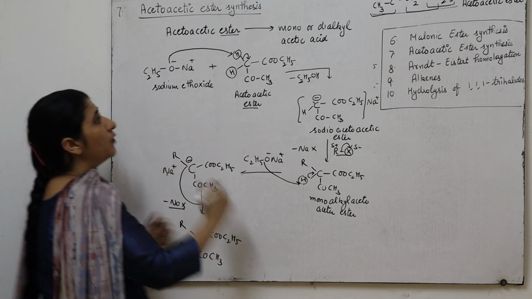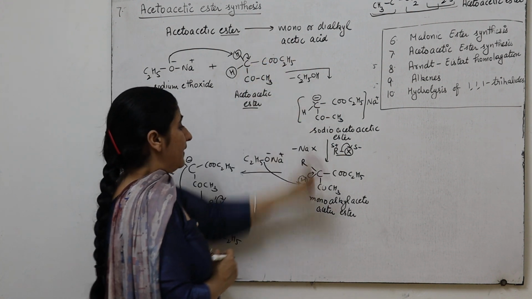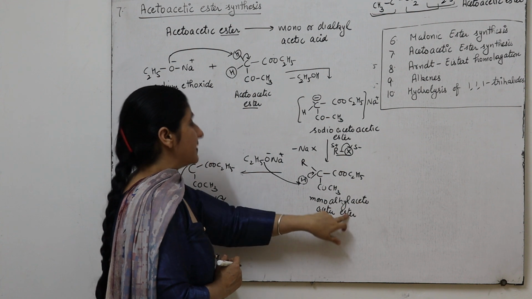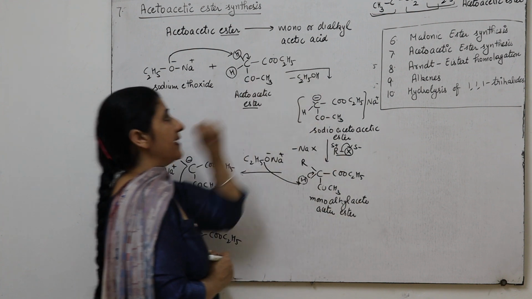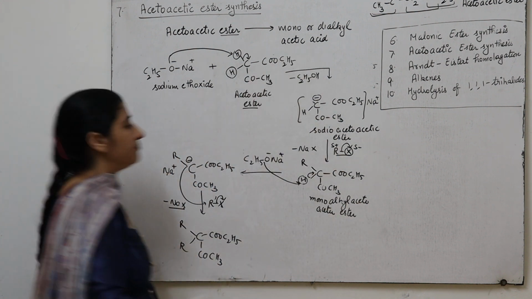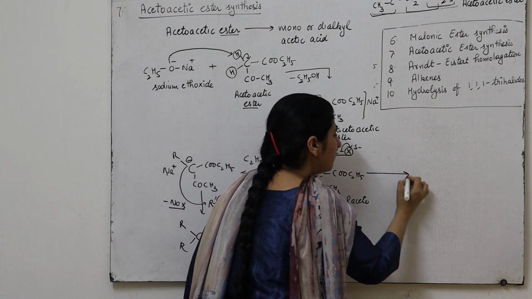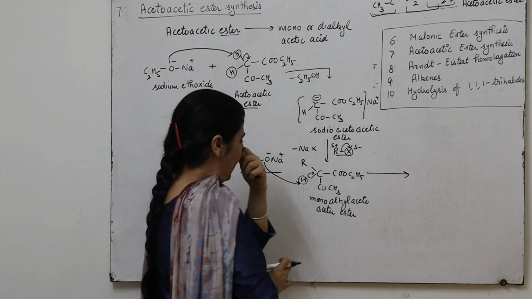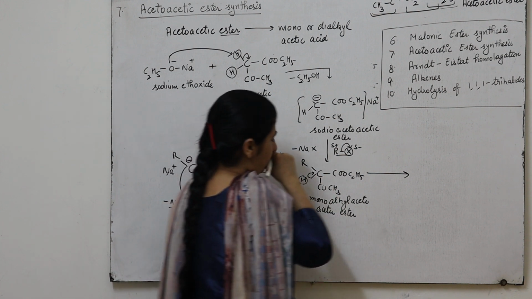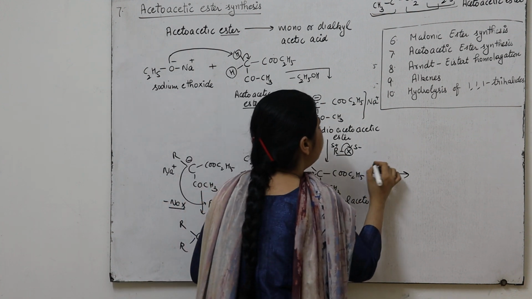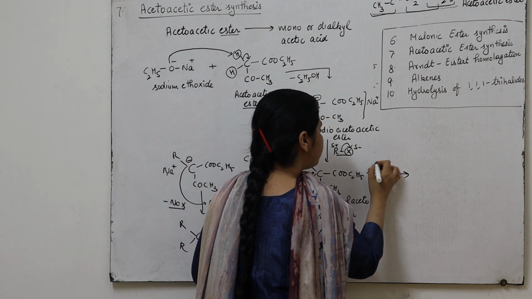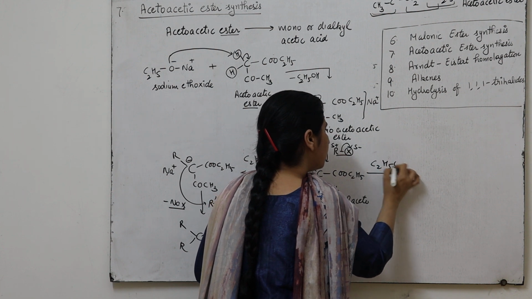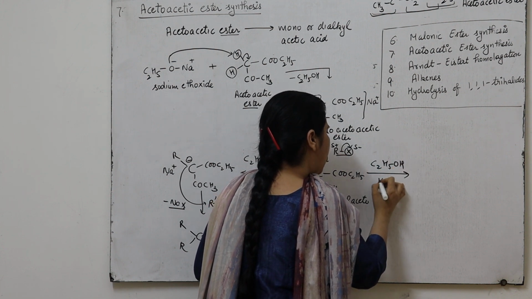So how to convert the monoalkyl acetoacetic ester to monoalkyl acetic acid? In this reaction, we have a monoalkyl acetoacetic ester. It undergoes hydrolysis in the presence of ethyl alcohol and KOH.